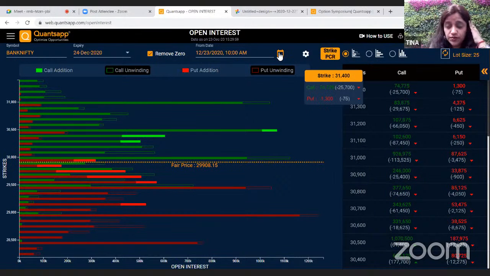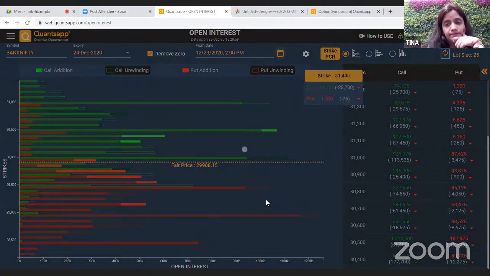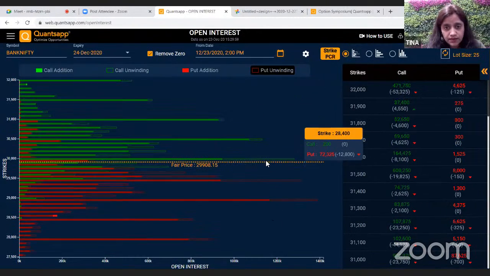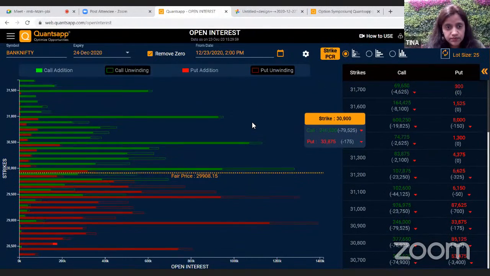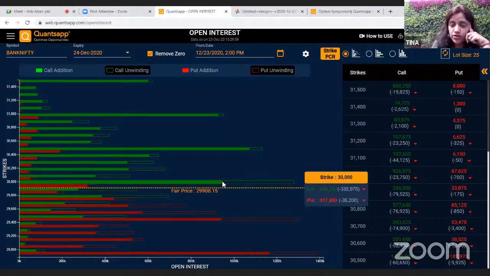If I change it to, say, 2 p.m., from 2 p.m. this is the case. Most of the OI got shed, almost 25% shedding was seen.